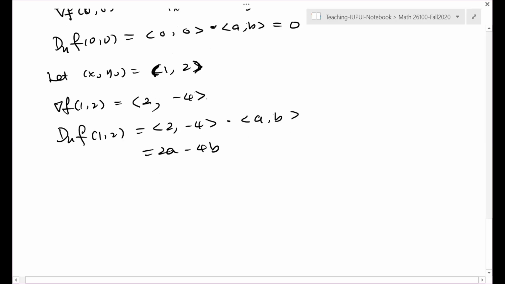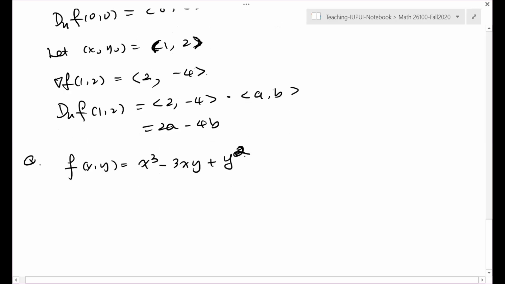All right, so now let's look at another problem. We have a function f of two variables, x cubed minus 3xy plus y cubed plus y squared.